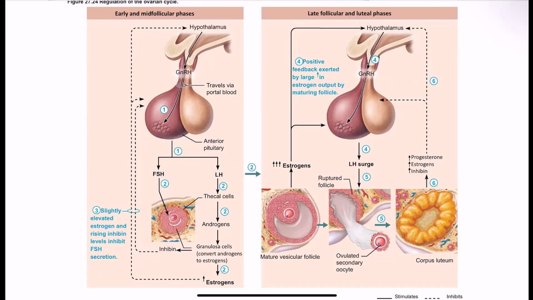Remember that apoptosis is called atresia, right, during the ovarian cycle. So we get recruited to have a shot to be ovulated. And then the follicle that wins, that's most sensitive to FSH, that wins the opportunity to be ovulated, the dominant follicle. And once that dominant follicle is selected, that follicle will grow and mature and prepare for ovulation. And that produces lots of estrogens. So that's all what happens during the follicular phase.